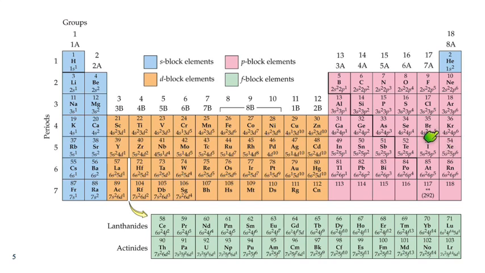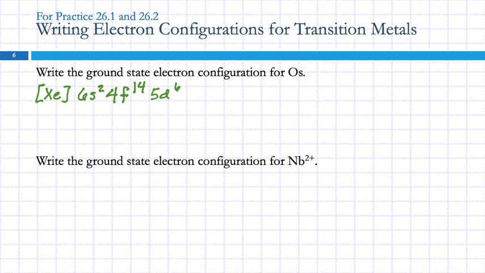So we're going to have krypton, and then we're in period 5, so this is 5s2, and this is 4d, 1, 2, 3. So krypton, 5s2, 4d3. That's the element. I'll put a 0 up there to emphasize that it doesn't have a charge.